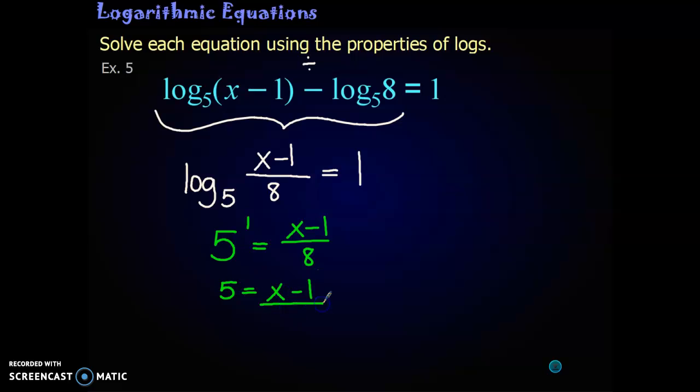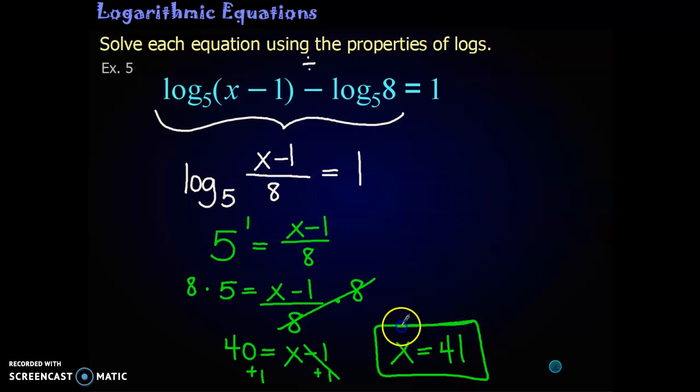So 5 equals x minus 1 divided by 8. And we can finish from here with basic algebra, right? Instead of dividing by 8, I can multiply by 8 to cancel out that fraction and get 40 equals x minus 8. Add 1 to the other side and have x equals 41.